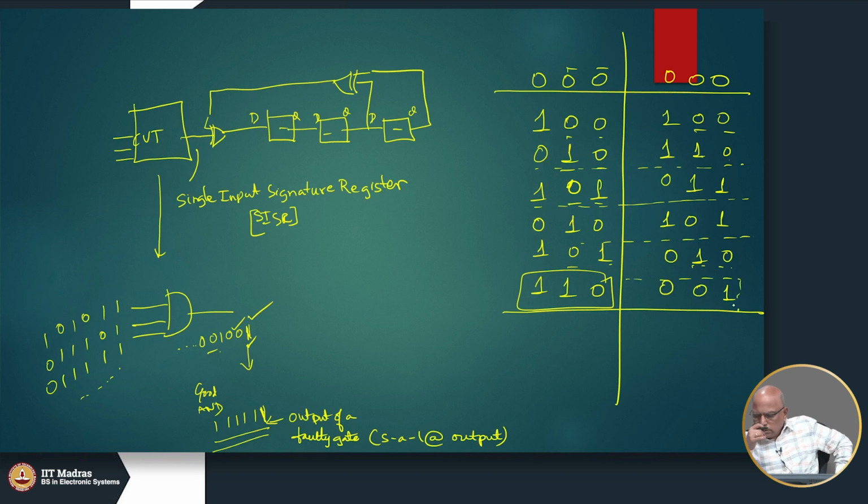So, you can see that their behaviors are very different. This is the content of the LFSR for the good circuit, and this is also the content of the LFSR for the faulty circuit.